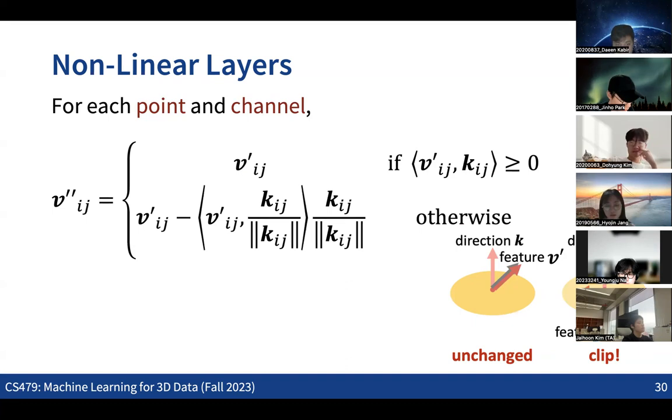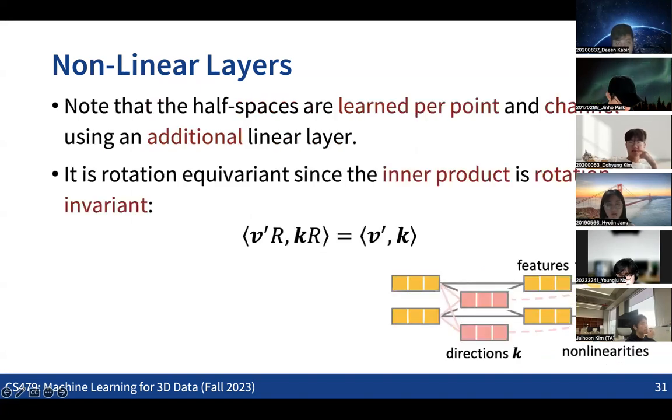So the dot products are rotation invariant, and everything else is rotation equivariant. In this way, we can guarantee that this operation is also rotation equivariant. That's the way we define the activation functions. It's clear.